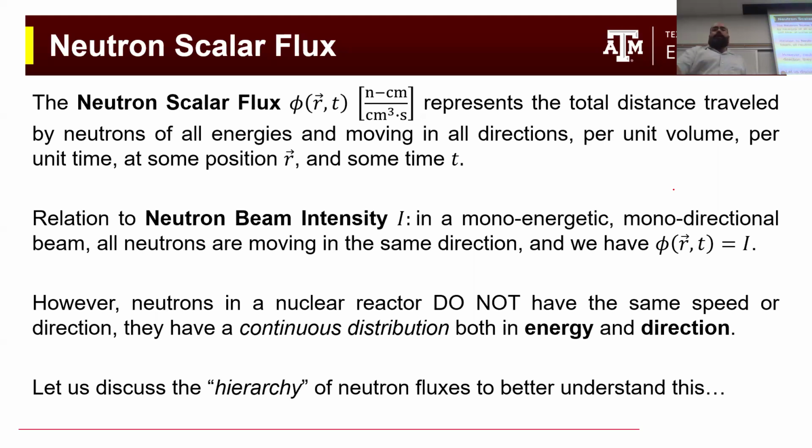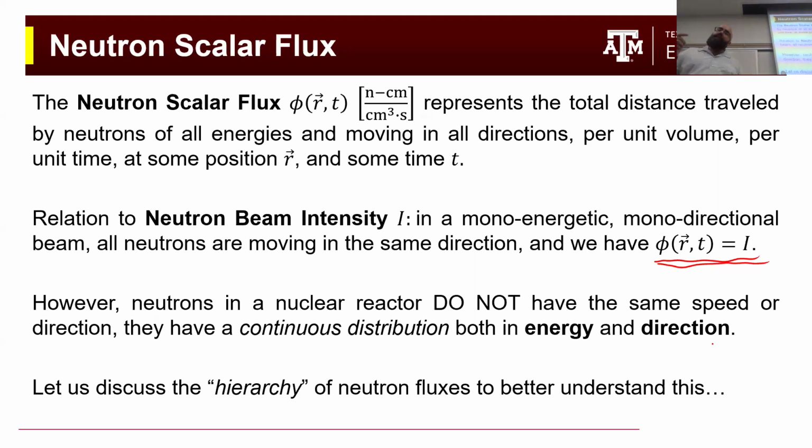And so if we go back to the beam intensity definition, if those neutrons, instead of bouncing around isotropically in a box, were just moving in a straight line like in a beam, then the scalar flux and the intensity have the exact same interpretation. This is the quantity that's really nice to work with because we use the scalar flux to compute reaction rates.